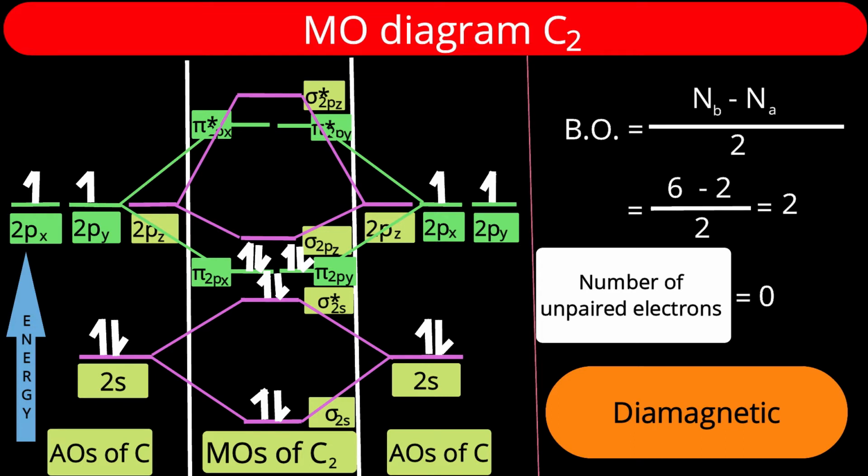In this diagram, the orbitals established from 2s energy onwards are represented. So let us consider the 2s orbital of one carbon atom and the 2s orbital of the other carbon atom. As per the LCAO method, energy is the same. Second, symmetry is the same. Why am I saying symmetry is the same?